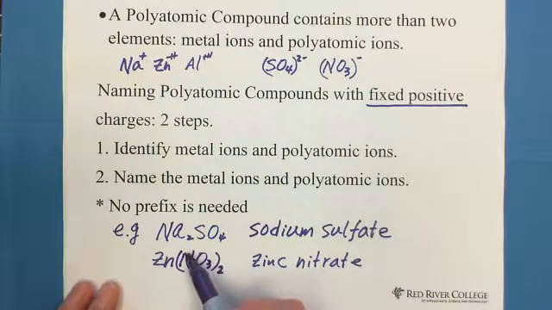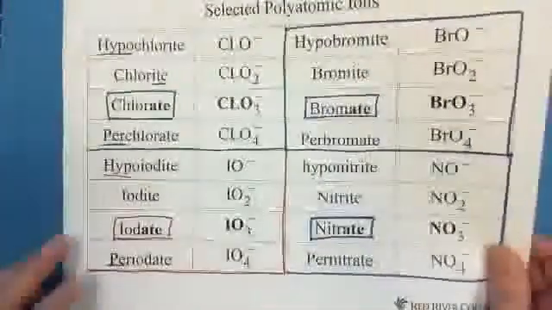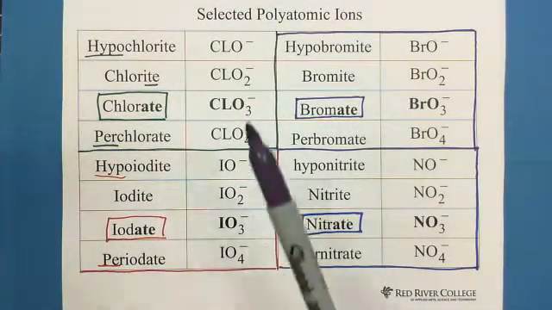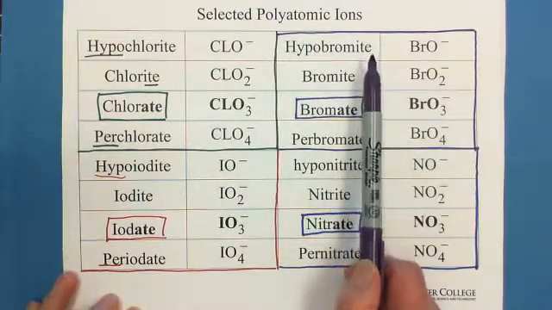Mostly, for a polyatomic ion, we can find the name from the periodic table of ions. Here I show you some selected polyatomic ions.